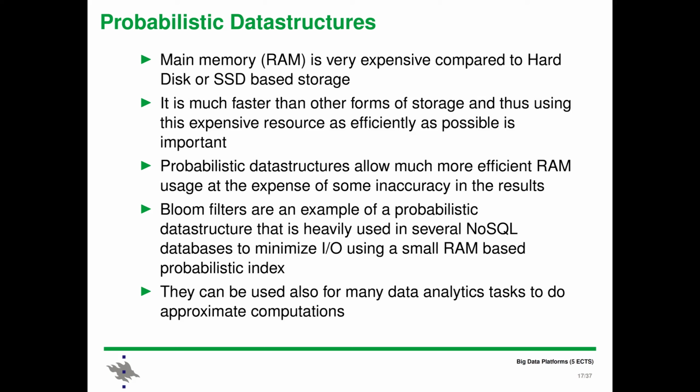The probabilistic data structure I'm going to talk about in this lecture is called Bloom filters. They're an example of a probabilistic data structure that's heavily used in several NoSQL databases to minimize I/O using a small RAM-based probabilistic index. They can also be used for many data analytics tasks to do approximate computations.